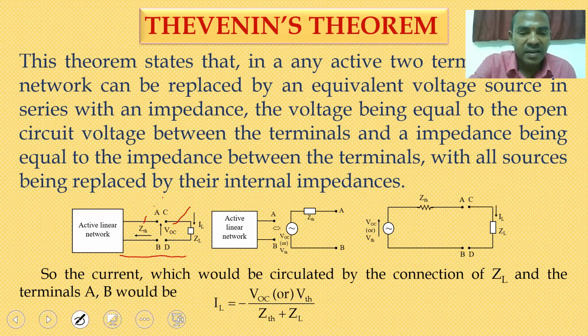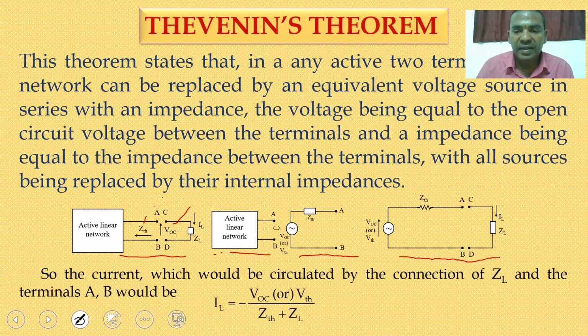Then this entire network is replaced by a single voltage source in series with the impedance, and this network is connected to your load. After connecting this, A and C are joined, B and D are joined, so the current IL will flow through the circuit.